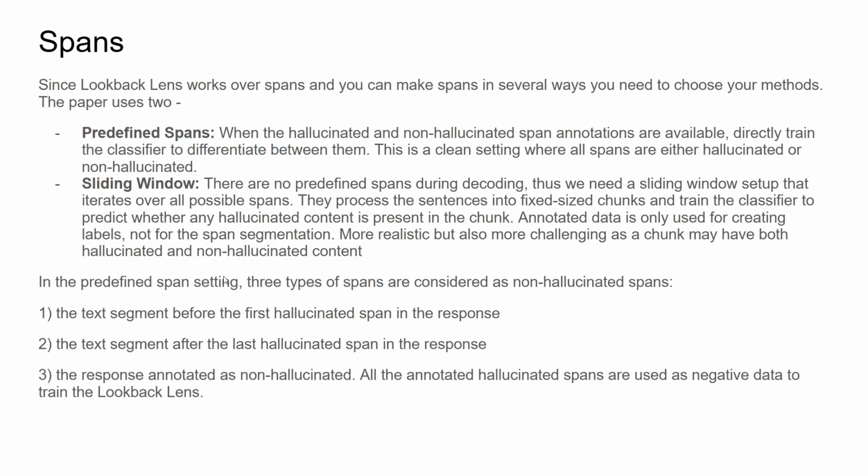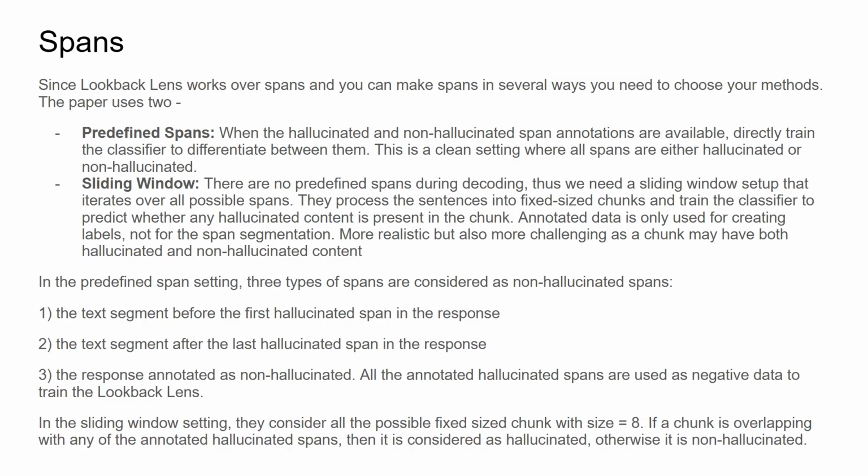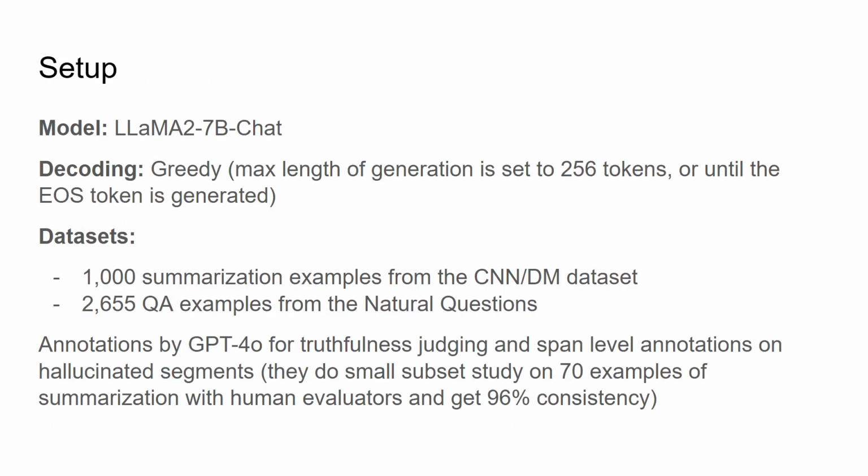And then all the annotated hallucinated spans, which might be of different lengths, are used as negative data to train the Lookback Lens. In the sliding window setting, they consider all possible fixed size chunks with size 8. If a chunk is overlapping with any of the annotated hallucinated spans, then it is hallucinated. So I hope the span setup is clear.